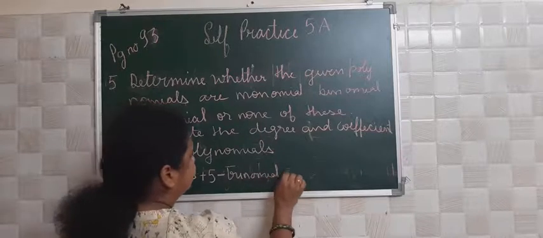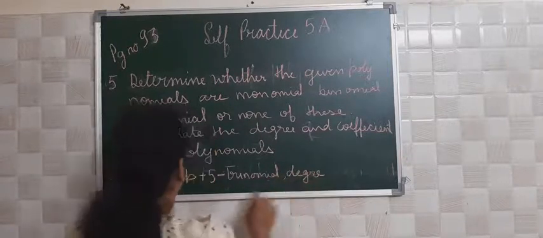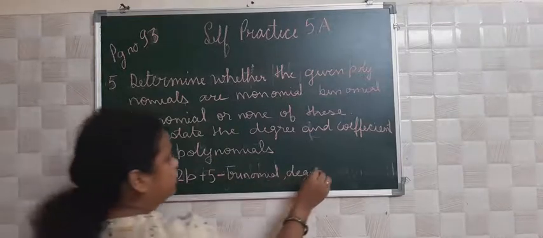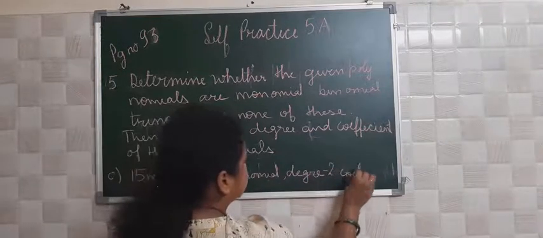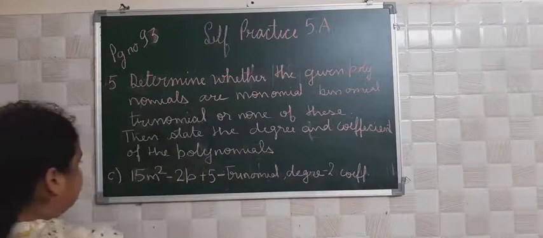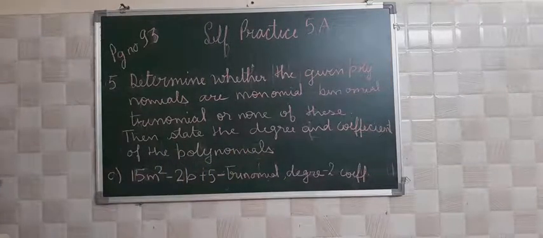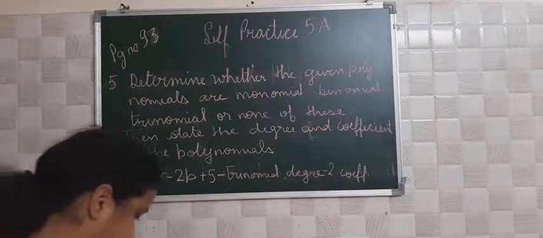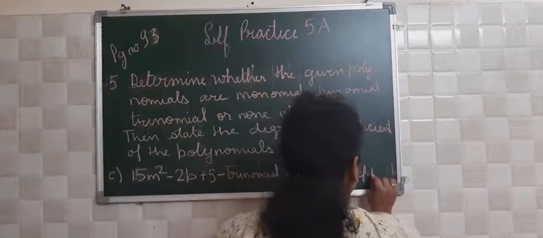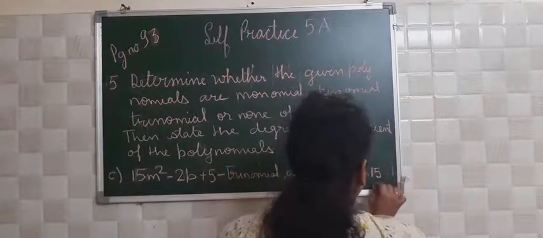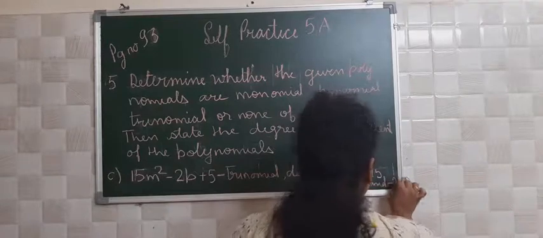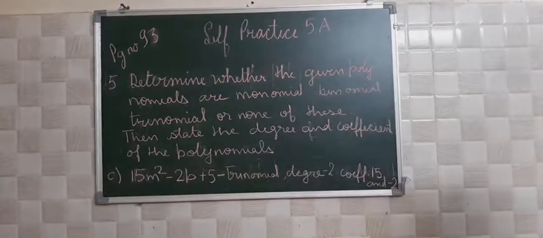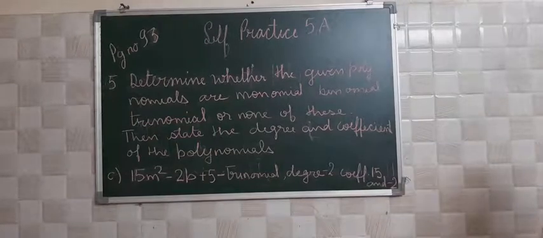And what will be the degree of this equation? The degrees are 2 and 1, so it will be 2. And what is its coefficient? Here 15 and minus 2. So its coefficients are 15 and minus 2. Till here C is completed.